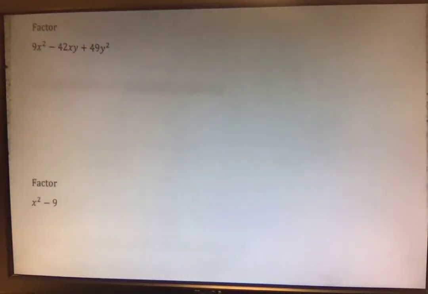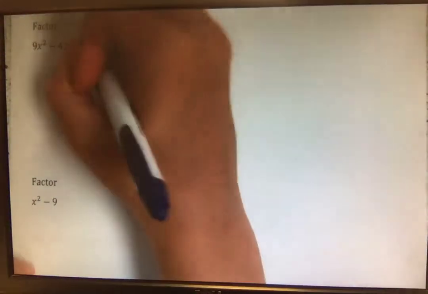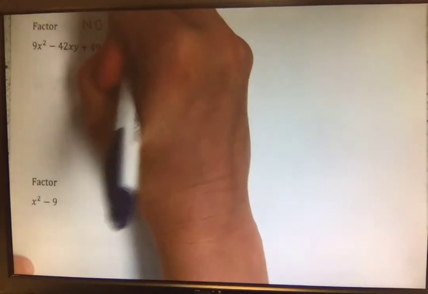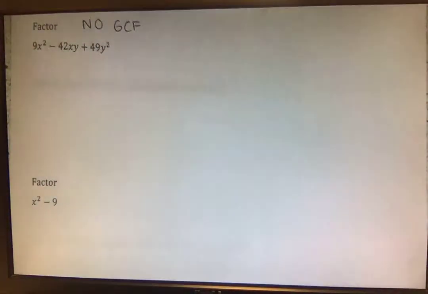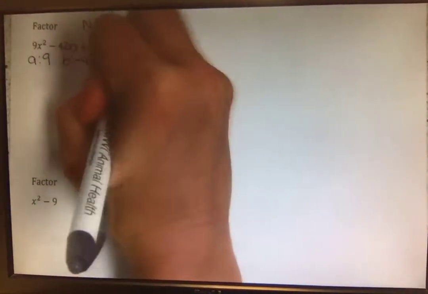So factoring 9x squared minus 42xy plus 49y squared. Looking at all these 3 terms, I don't see anything they have in common, so no GCF. So we are going to look for A is 9, B is negative 42, same thing like we've been doing this whole time.